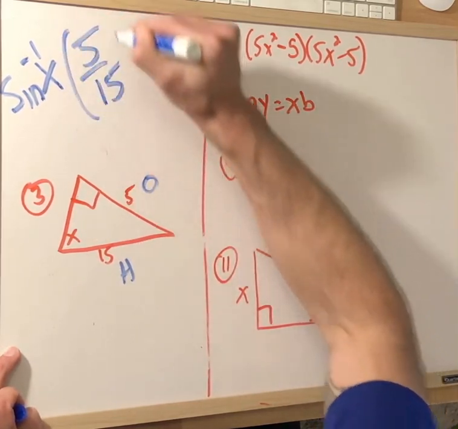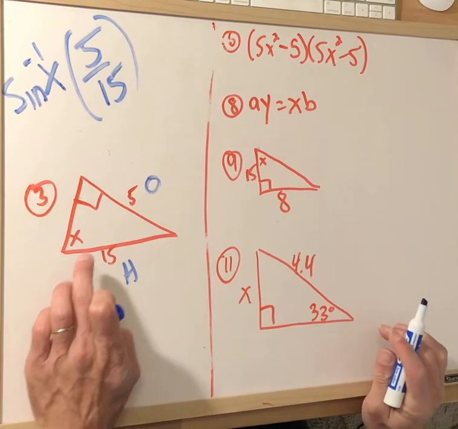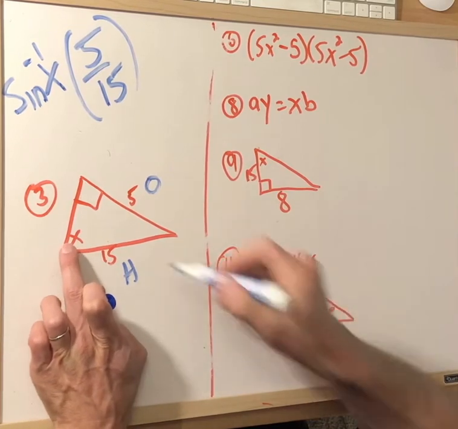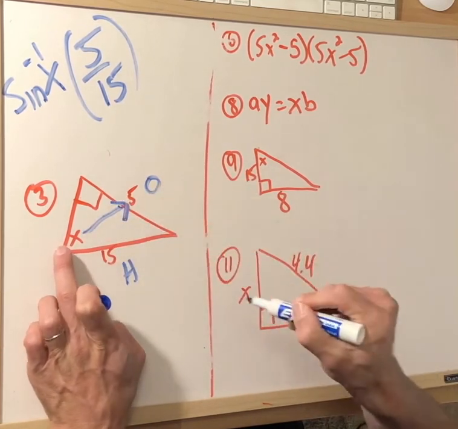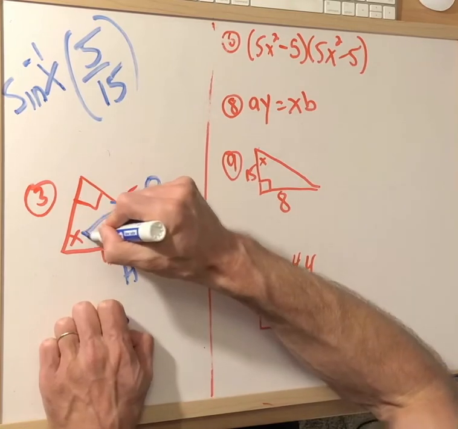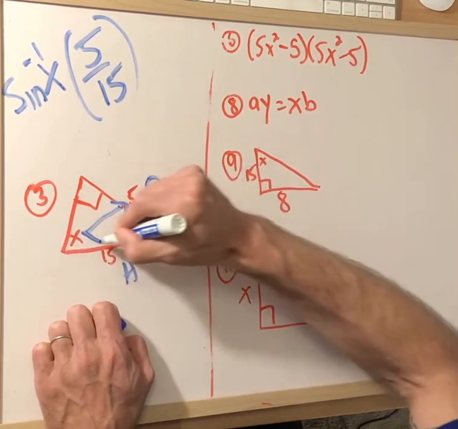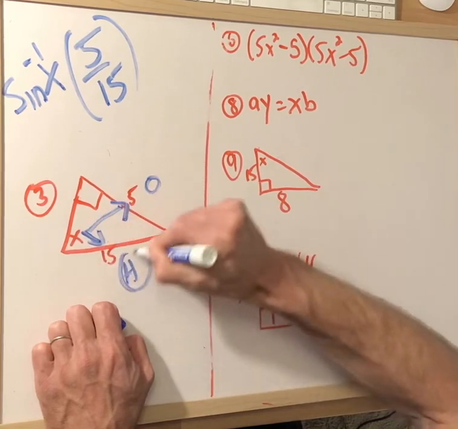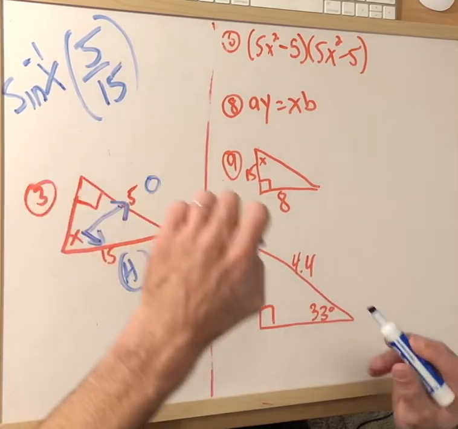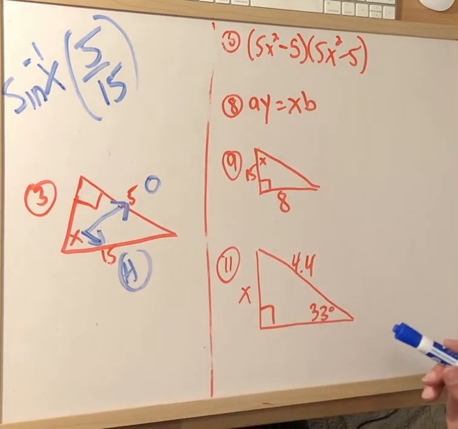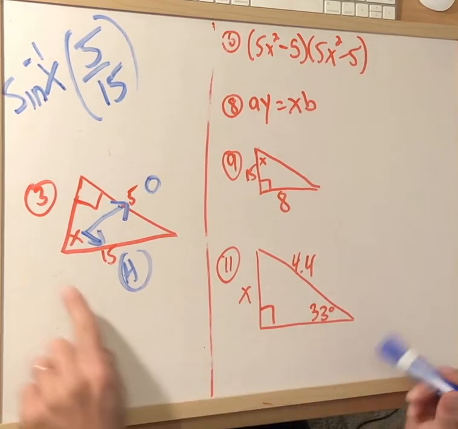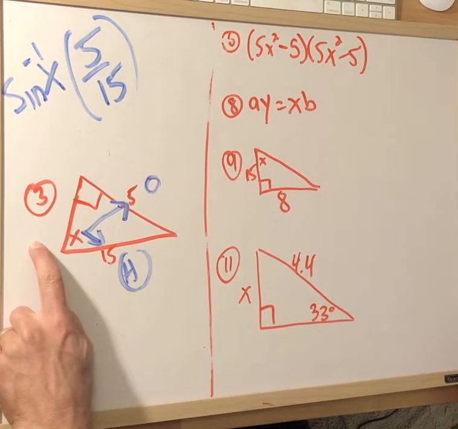Some people might have done tangent or cosine. Look, from this angle, this is your side that's across, so it's your opposite. This is not your adjacent. This is your adjacent leg. This is always your hypotenuse. So inverse sine of 5 over 15, or 1 over 3, you get the same exact answer. This is for number 3, and that answer is D, 18 degrees.